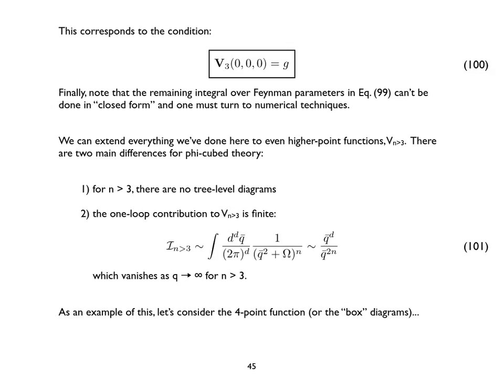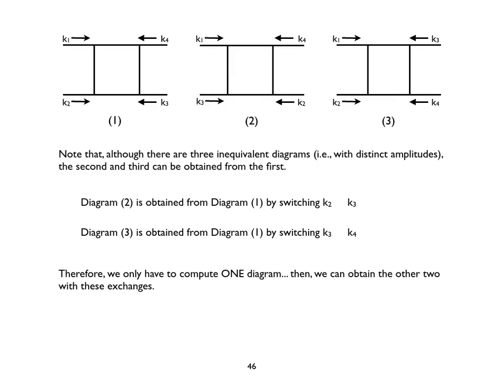And so let's see what it looks like. Okay, it's going to look like this. There's actually 3 diagrams, depending on how you configure the incoming momenta. The nice thing is, did I say it on this slide or not?